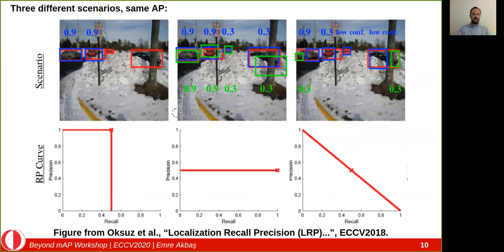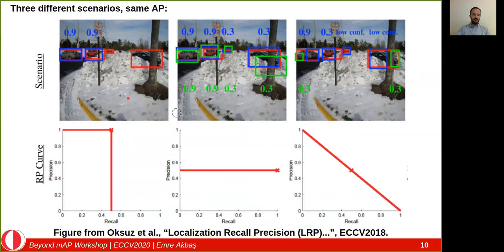The ground truth boxes are shown in red, and there are a total of 4 of them in these images. The blue color denotes true positives and green color denotes false positives. Below each image, you can see the corresponding recall precision plots. Let's look at the examples one by one.